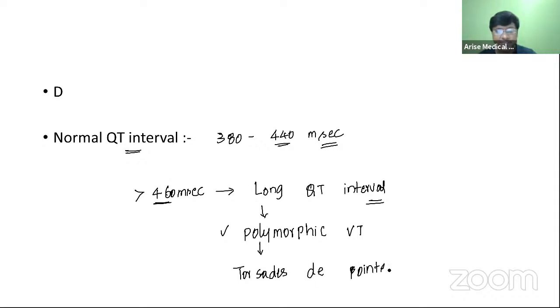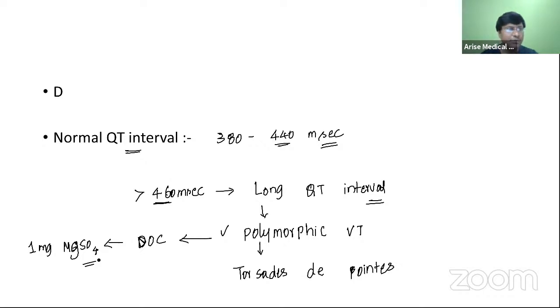Now, the drug of choice for the polymorphic VT is magnesium sulfate, 1 milligram. So that is the drug of choice for torsades de Pointes or the polymorphic VT.